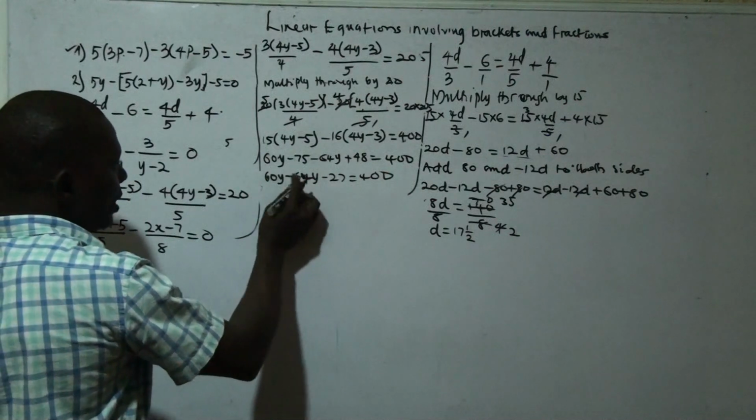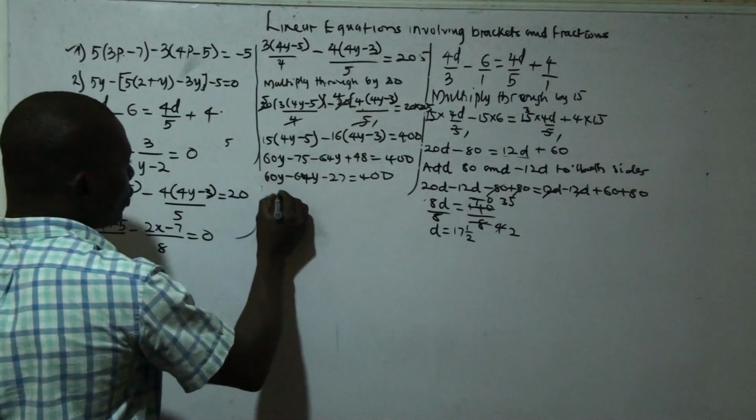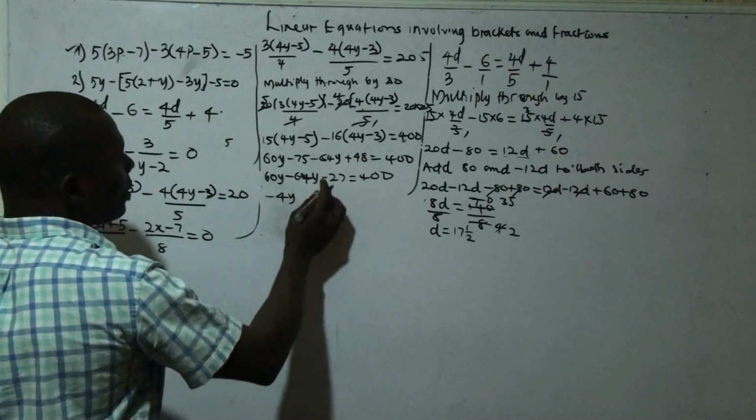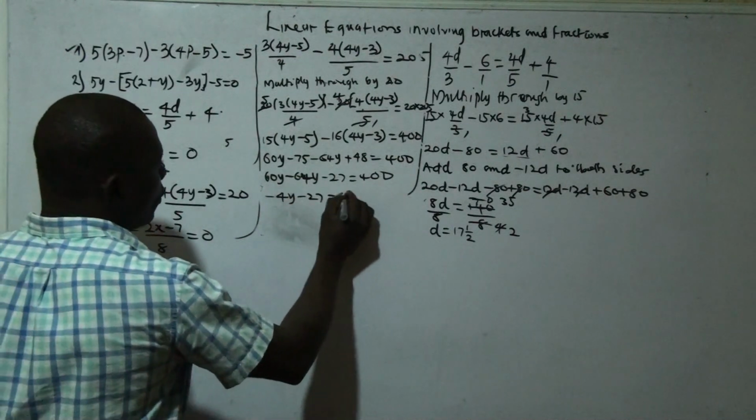This one is carrying a bigger number, it is carrying negative. So here we have minus 4y, minus 27 is equals to 400.